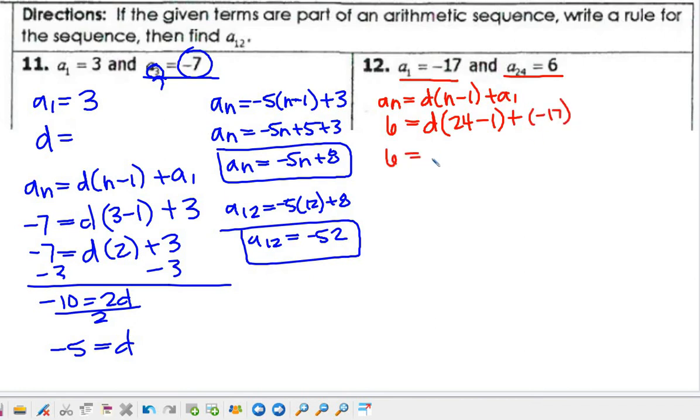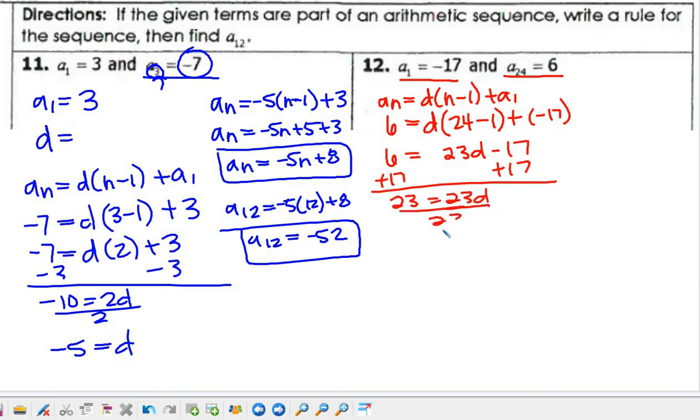So I have 6 is equal to 24d. Oh, sorry, 23d minus 17. So then we're going to solve. So my common difference is 1.